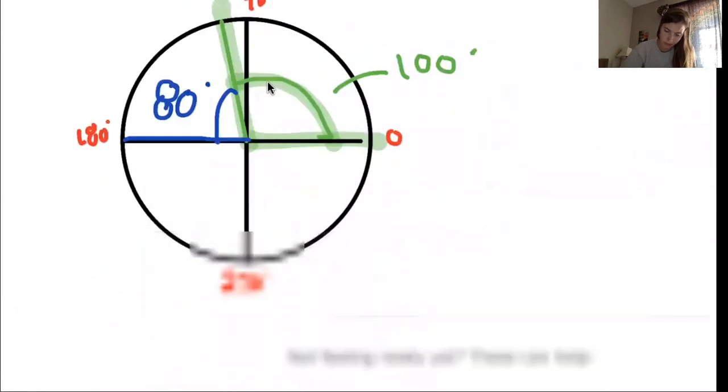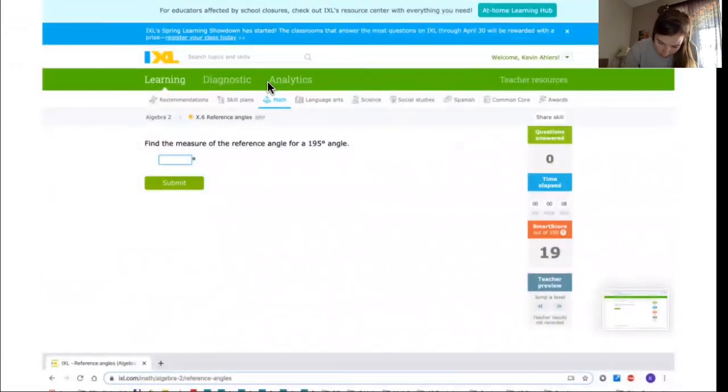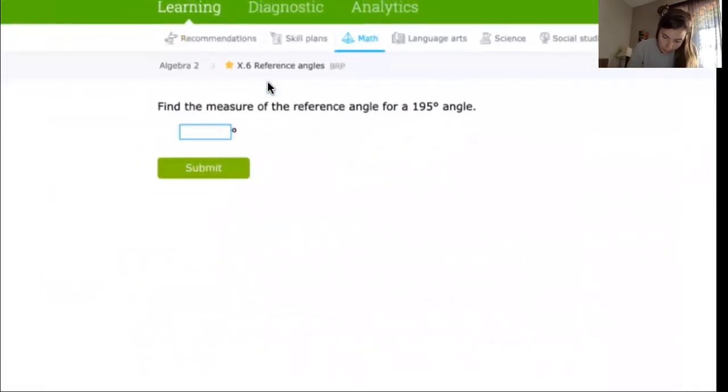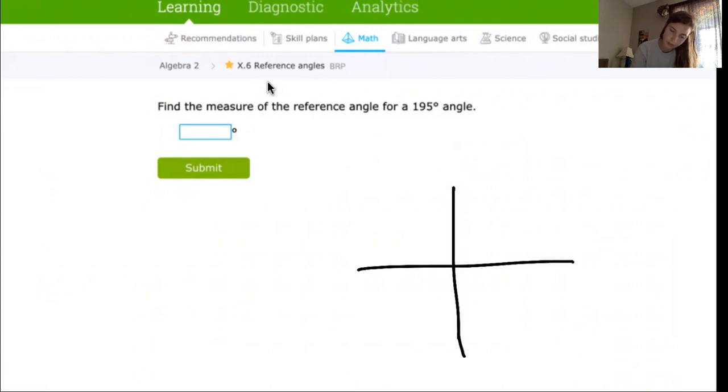Okay, let's do another one. For a 195-degree angle, let's draw it again. We're starting here, this is 90, 180, so I'm going 15 degrees past my 180.